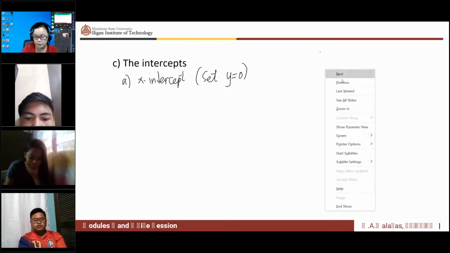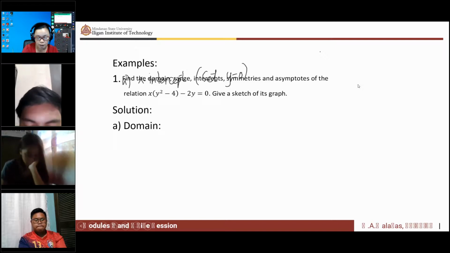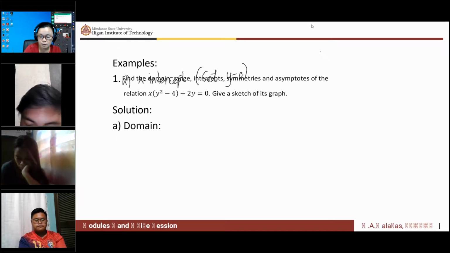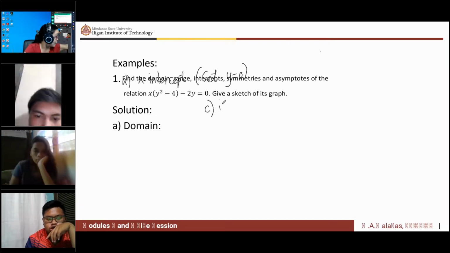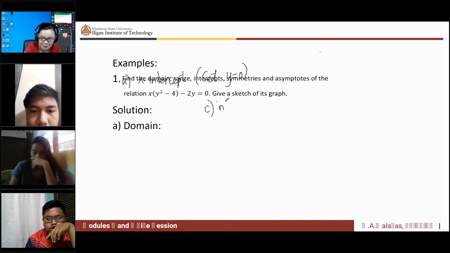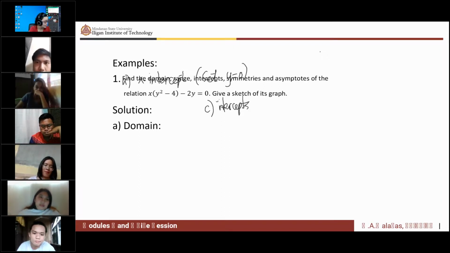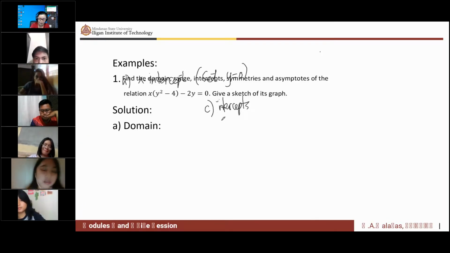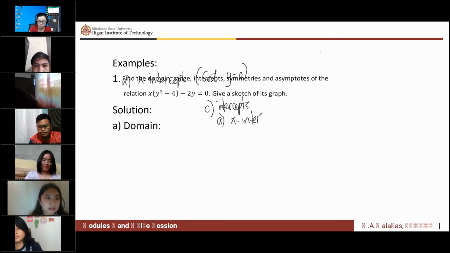Okay, our equation is, we'll just do it here, so I don't need to copy the equation. We have the x-intercept, so set y to 0.